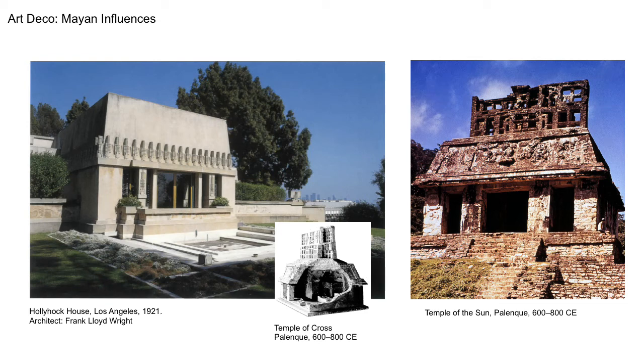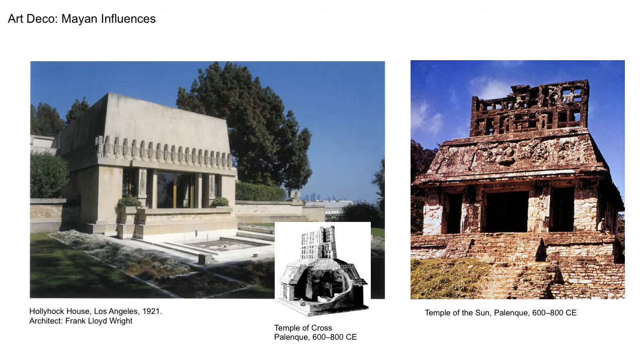Here again, we're revisiting architecture we've already seen. In this period of modernism, where the aim for architects was to create a clean slate, in many ways they are calling up history without citing that history. We see this in Frank Lloyd Wright's project at the Hollyhock House in Los Angeles in 1921.